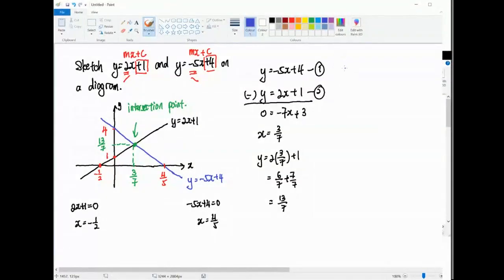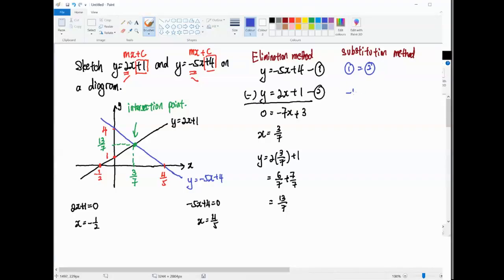So substitution method, we will equate equation 1 with equation 2. Again, this is the famous elimination method, and this is the substitution method. Both methods will give you the same answer.